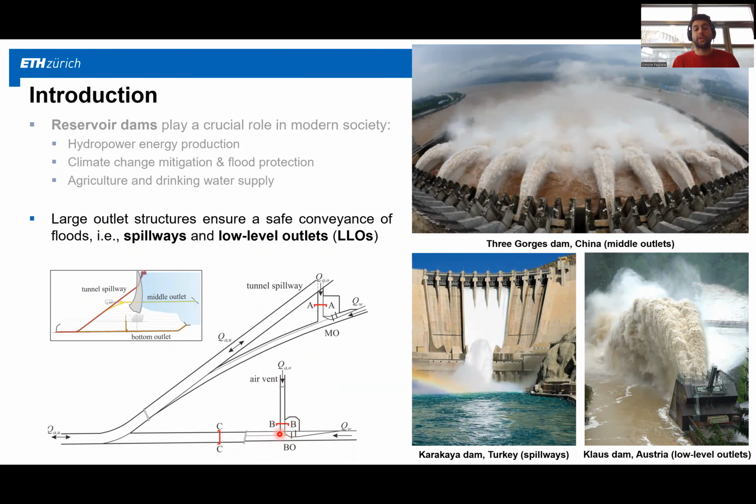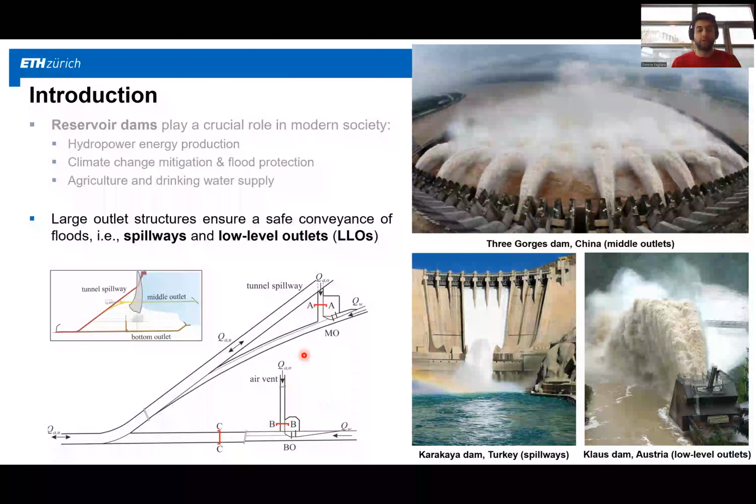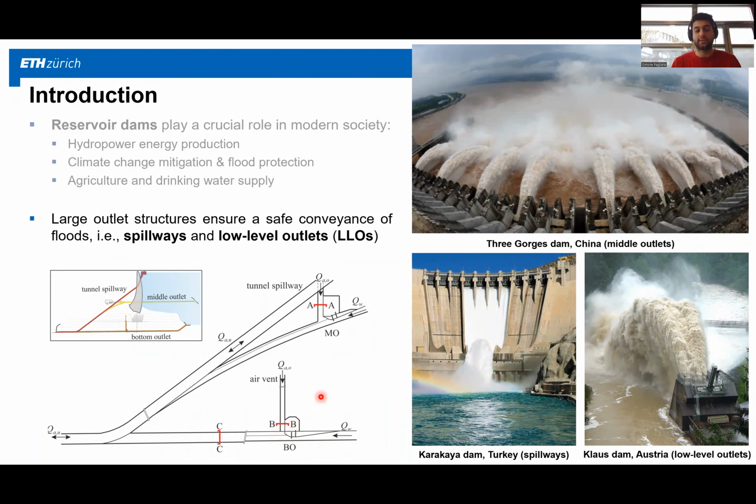Because of that, we need to provide some air to our flow to dissipate energy and to avoid safety issues. So usually air vents are located right downstream of the gate chamber. Here on the right, you can see some pictures of middle outlets in China, spillways in Turkey, and a low-level outlet in Austria.